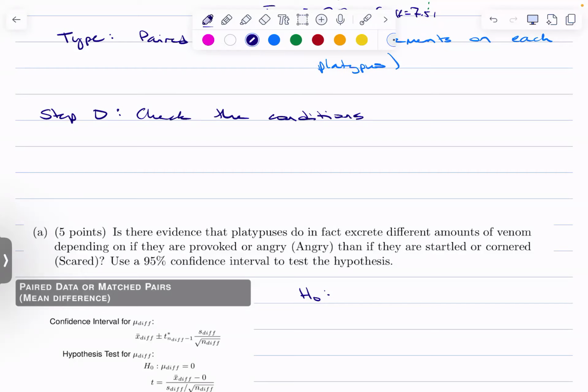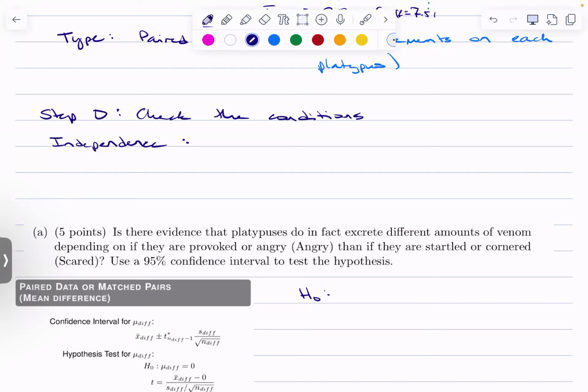It's also kind of implied by the type. So if you don't want to think about that, that's okay. But the independence condition still applies because the platypuses were randomly sampled, right? And so the platypuses that we're working with still have to be considered independent of each other, right? We don't have independence between the 2 samples, but that's because it's paired data.